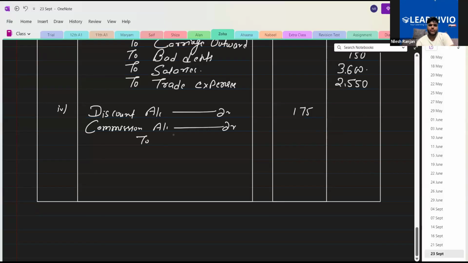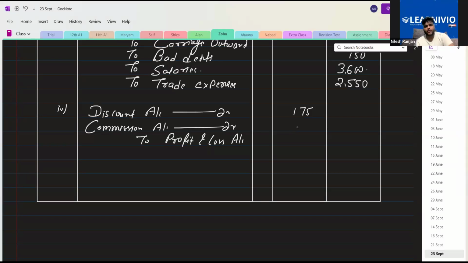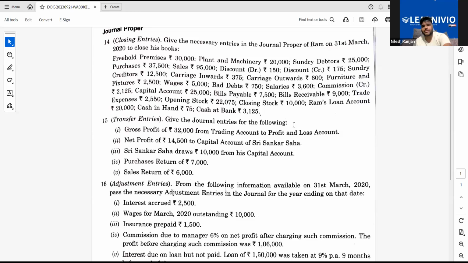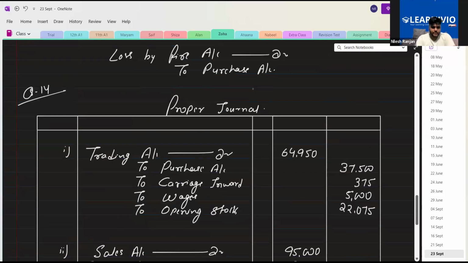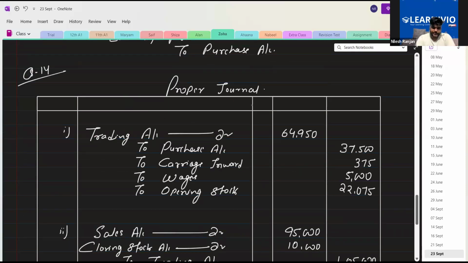So to profit and loss. So 175 plus commission is 2,125, total 2,300. So this is our proper journal.